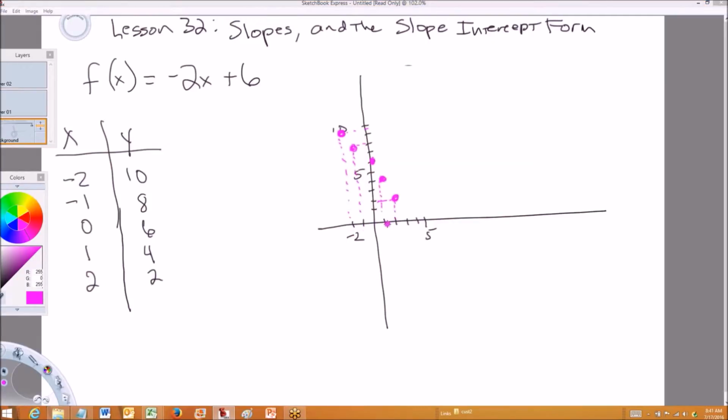And I'm going to put one more point just to help me draw the line. Okay, I'm not going to draw the line because it will cloud up the graph too much to make my point here. My point here is we're looking at the slope.